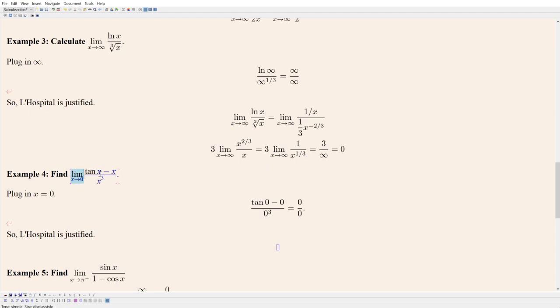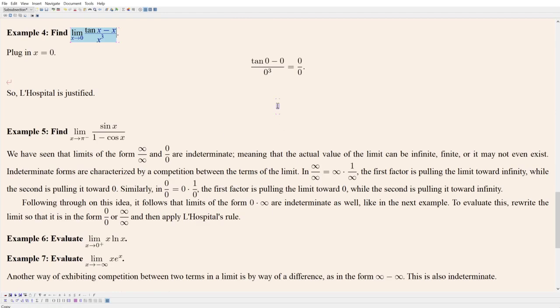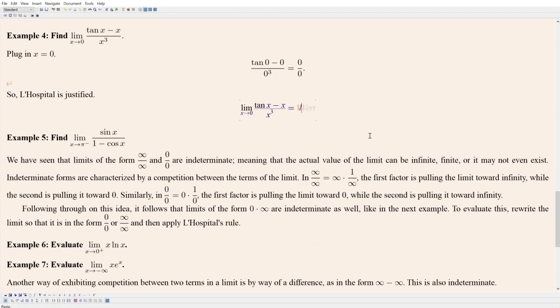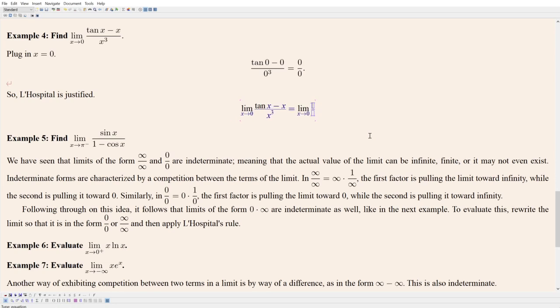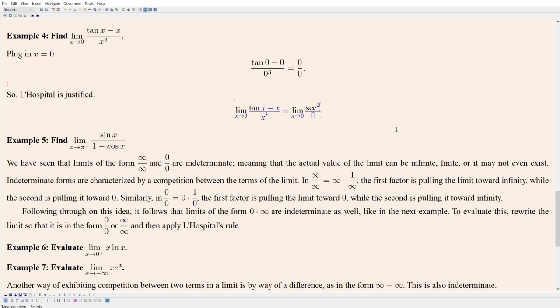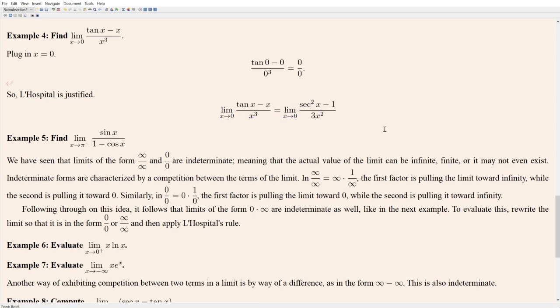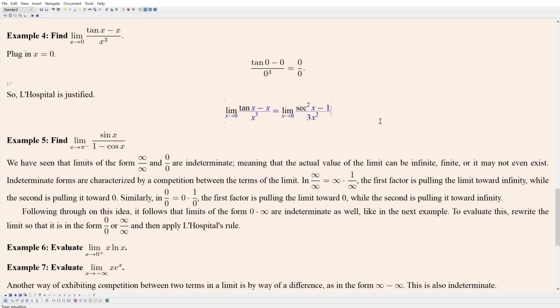So let's go ahead and take the derivative of the top and the bottom. Okay, so derivative of tangent is secant squared. Derivative of x is 1. Derivative of x cubed is 3x squared. Okay, so now let's plug in 0 and see what happens.